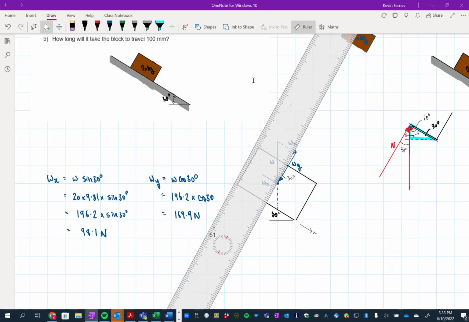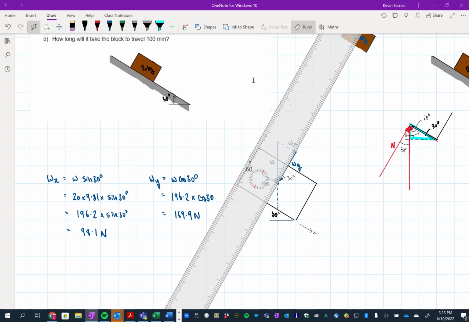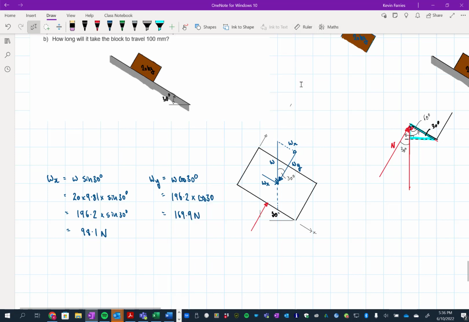We do know that the normal force must balance because this block can't be moving in the y direction. So this here must balance. So that normal force must be equal to the y component of the weight.